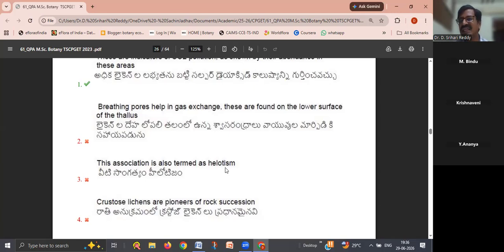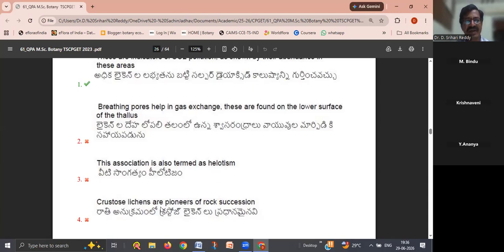So this kind of relationship is called helotism. So this is not true symbiosis. The fungal partner shows the dominance, so it is called helotism. That is true, so we should not choose this because we have to choose the wrong statement.